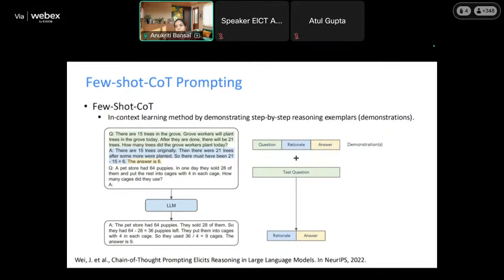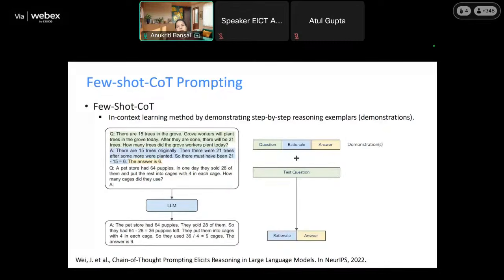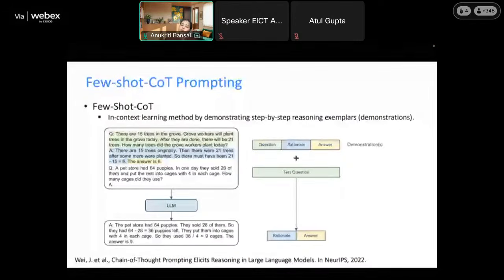These days, we say that we have very advanced models. Even if you're not able to write these prompts properly, they will be able to understand it. But what we say today is that we do context engineering: if you provide context to your model, it will be able to generate a better rationale and better answer. So besides writing the prompt specifically for your model, you can also provide context to the model. What can be the context?